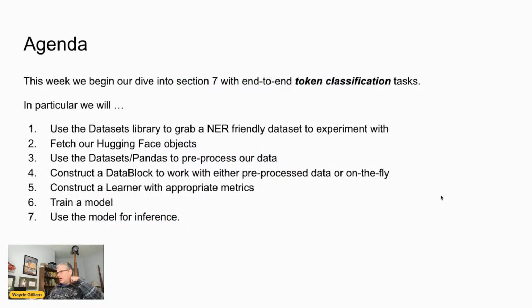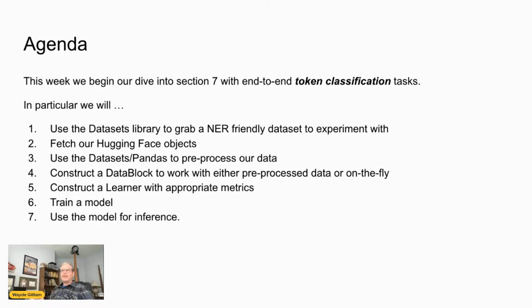Or just studying machine learning and data science in general. As we get into section 7, I'm going to encourage everyone, if they haven't done so already, as we go through each of these tasks, to at least spend the following week going through the official course, because there are things that I'm not covering. In particular, the course teaches you how to use the Trainer API to train these models, and also how to use Accelerate and standard PyTorch loops.